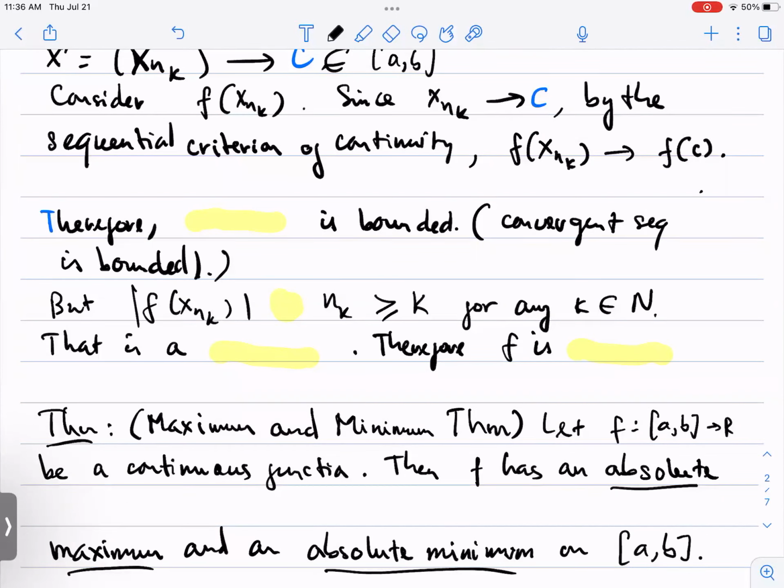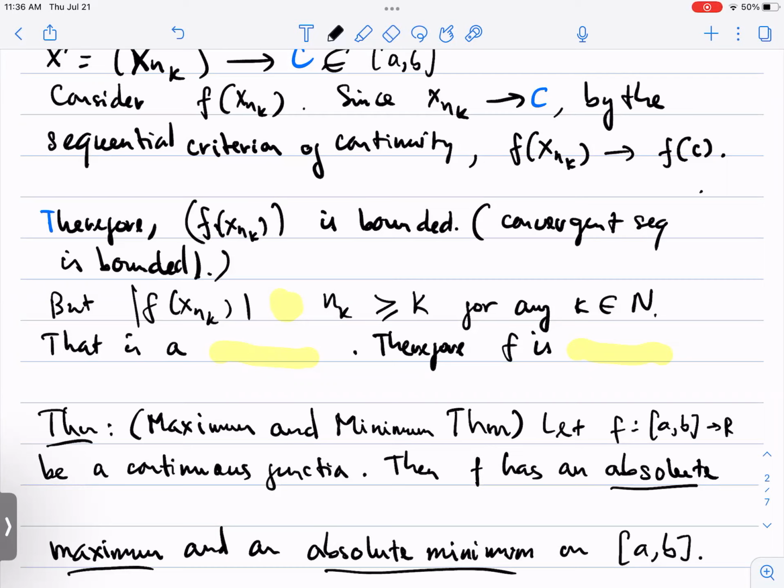But this implies that the sequence f of x_nk is bounded. A convergent sequence is bounded.